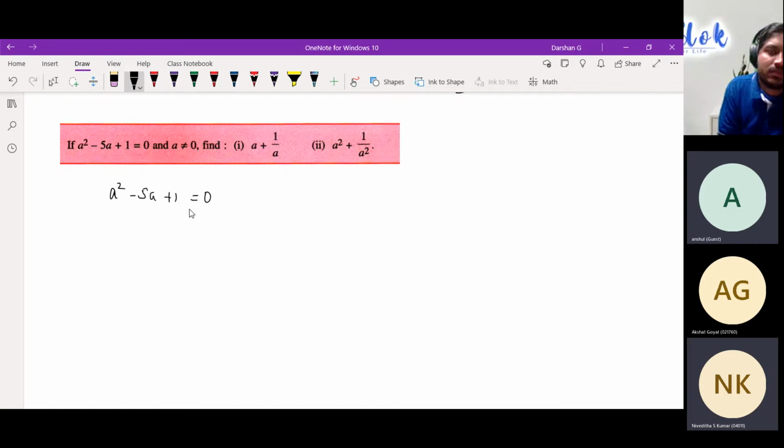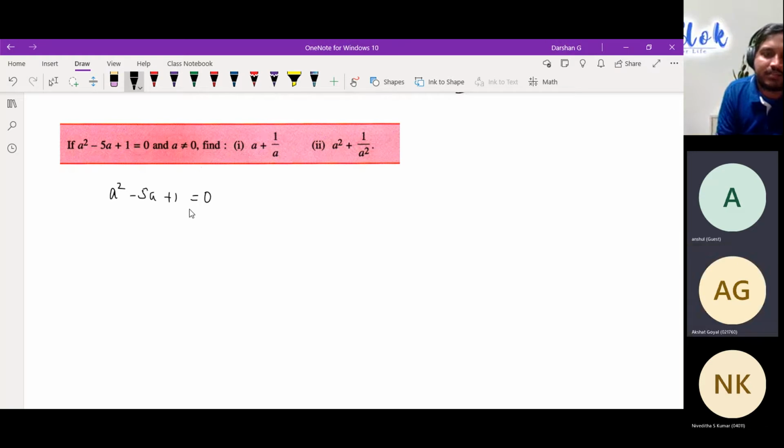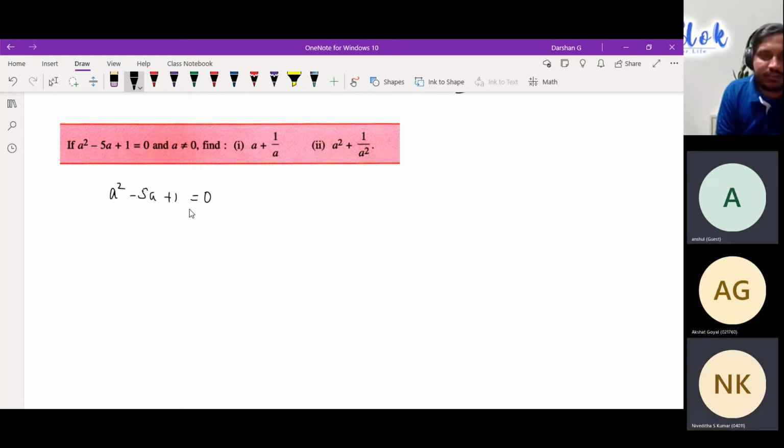Do we factorize it? Sir, I got some answer. You can take minus 5a to the other side and then divide the whole thing by a. Correct. So no need to even send it to the other side. You can simply divide by a.